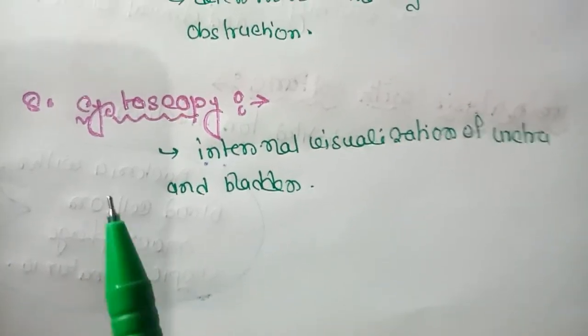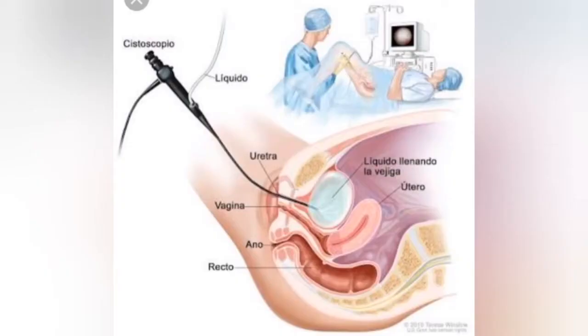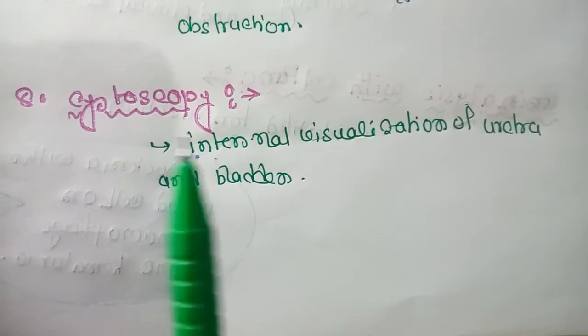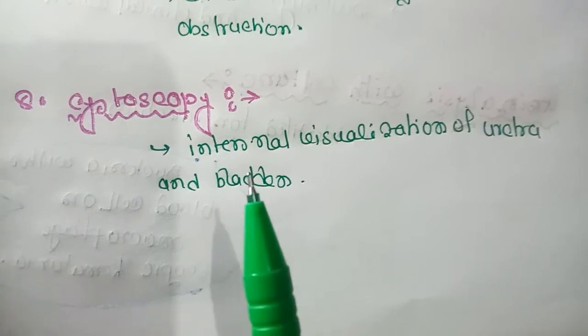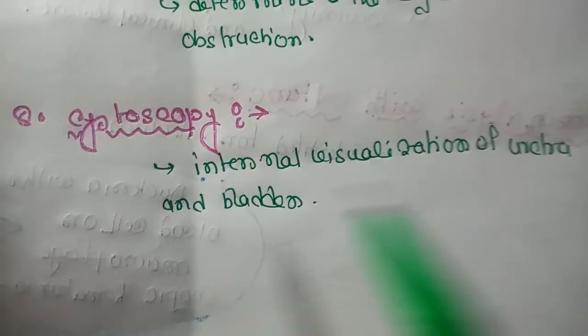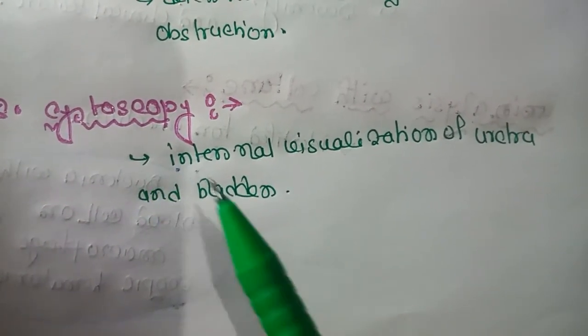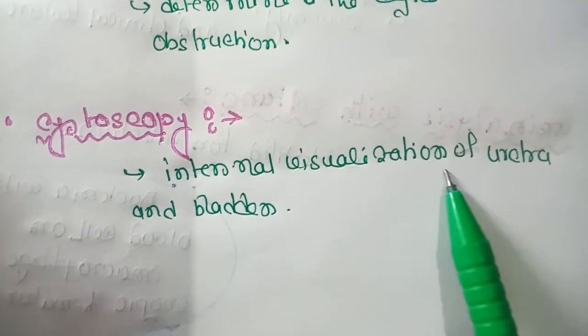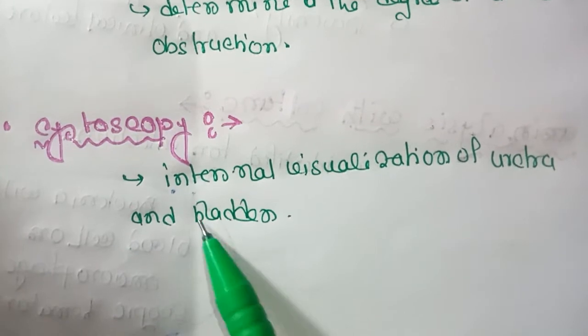Next, cystoscopy. It is the most important test for diagnosis of BPH. Cystoscopy is a procedure allowing internal visualization of the urethra and bladder.